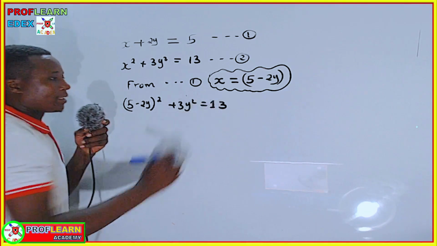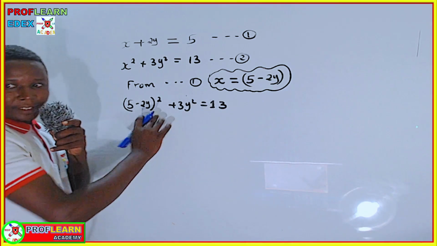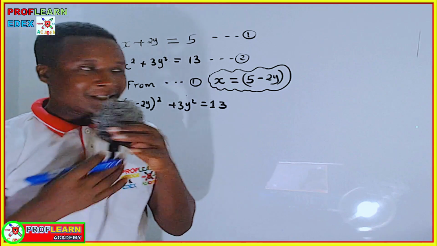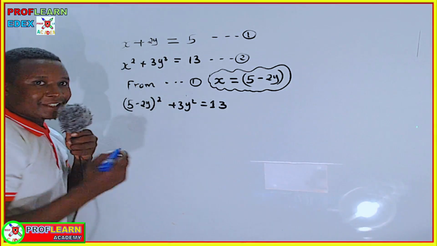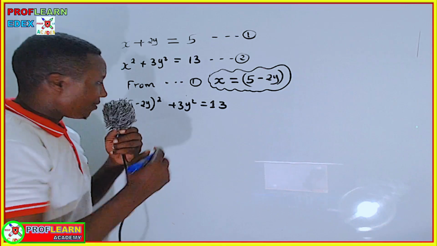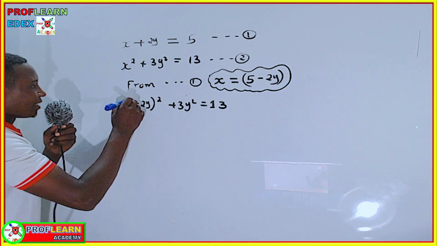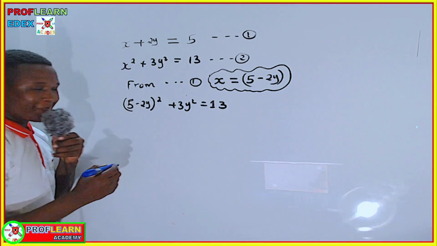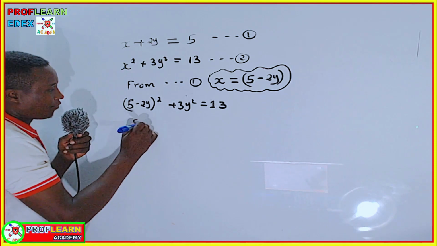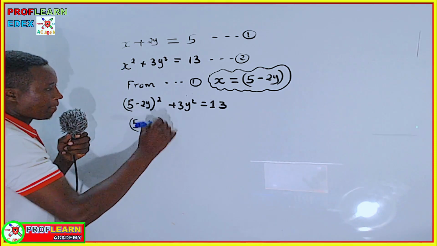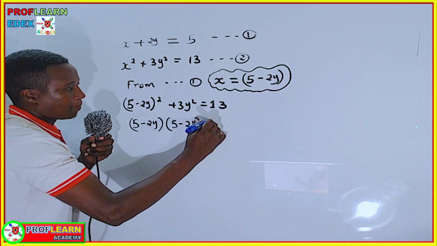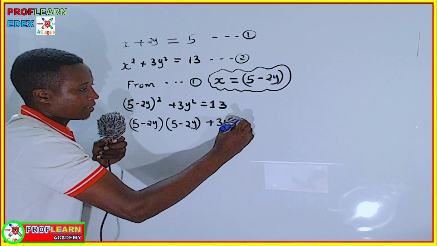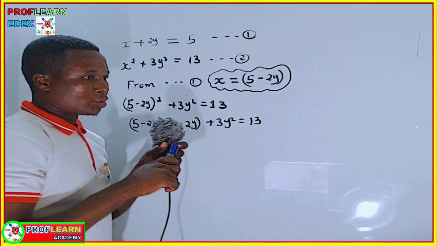So we need to expand this, and I believe you understand how to expand this. If you don't, look at these steps as if your life depends on it. This is going to be (5 minus 2y) times (5 minus 2y) plus 3y squared equals 13.